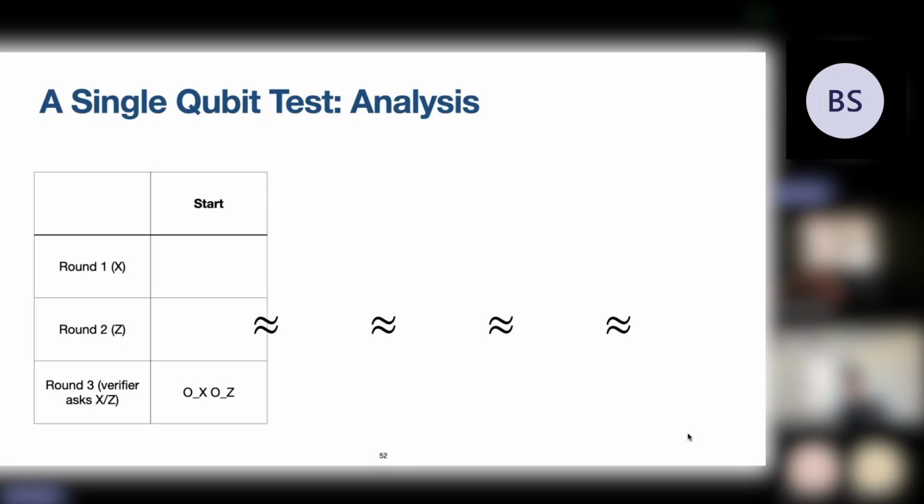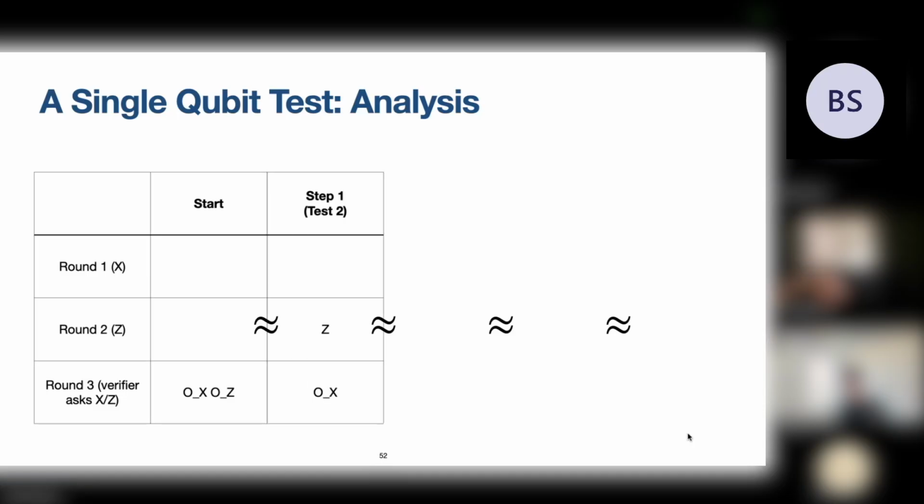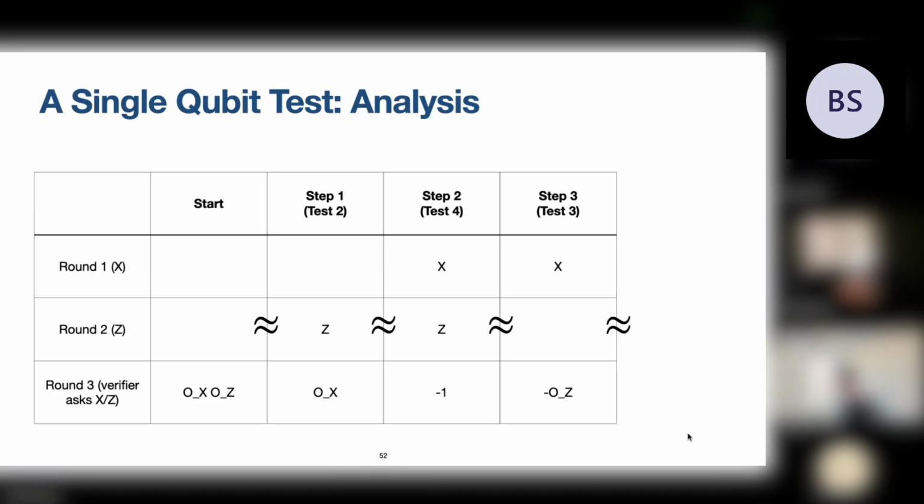Once you put everything together, in the beginning you start with OX, OZ, and in the first step you can move one OZ to the second round because OX is applied in the end. And then once you move Z to the second round, you can flip the X to the first round by using the first test. And by the consistency test in the third round, you move the Z in the second round to the third round.